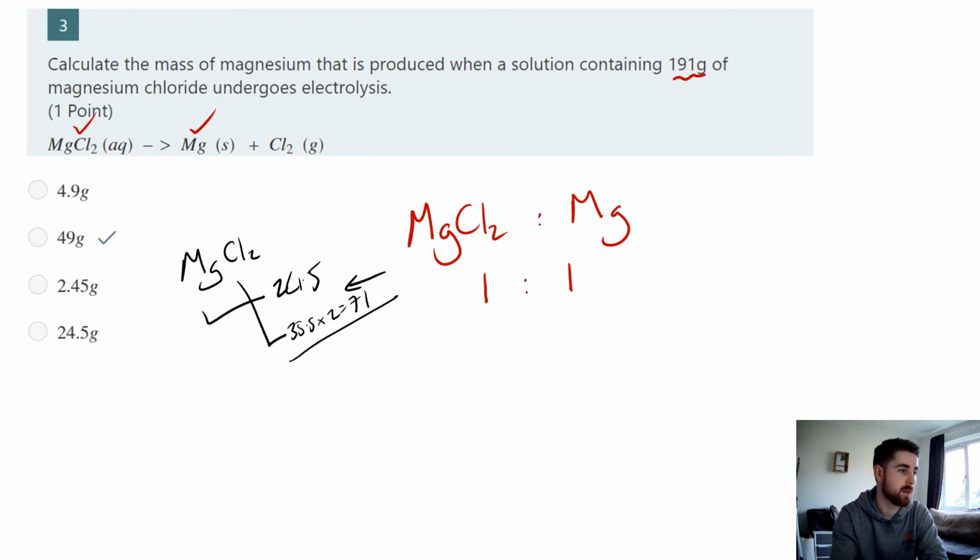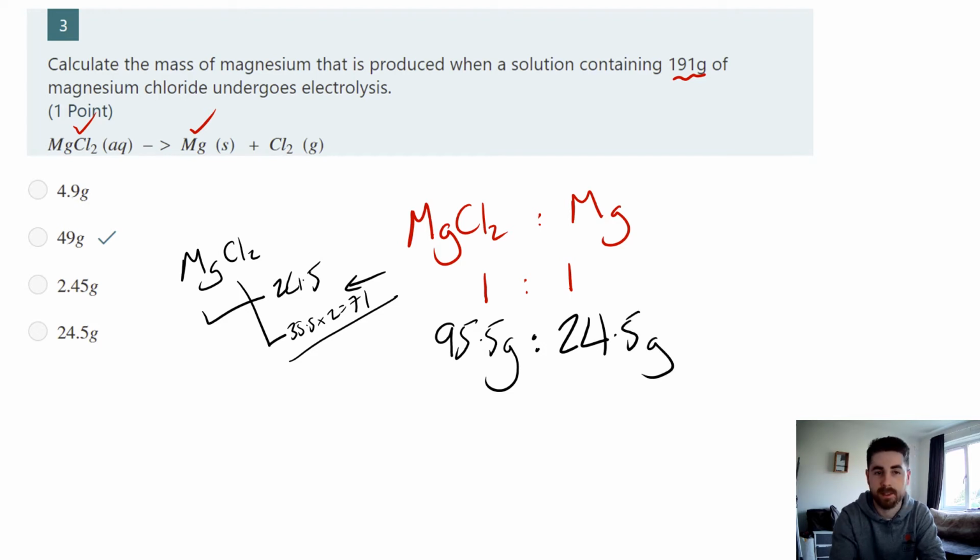So overall we would have a GFM for magnesium chloride of 95.5 grams. So if we look at this theoretically, if we started off with 1 mole, that would be 95.5 grams of magnesium chloride, and that's producing 24.5 grams of magnesium.